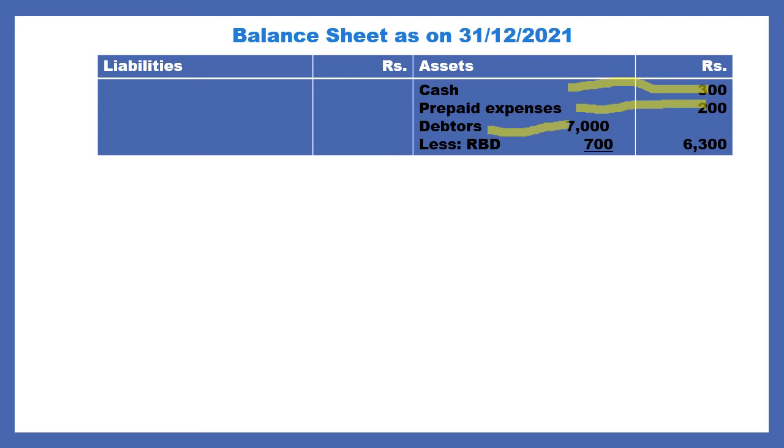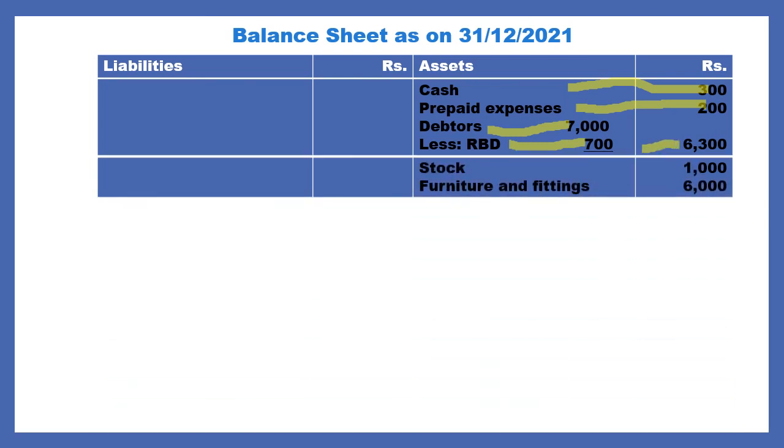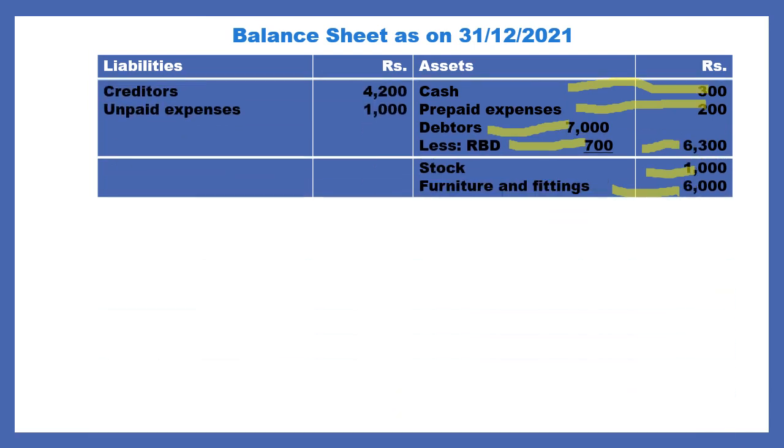Debtors 7,000 as per the problem, less RBD provision for doubtful debts 700. So final balance 6,300. Next, stock 1,000 rupees. Furniture and fittings, that is 5,000 plus furniture purchased 1,000 and closing balance of furniture and fittings 6,000 rupees.